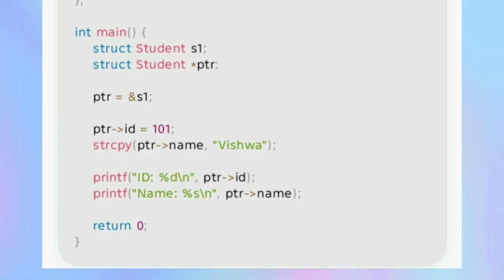Int main, struct student s1, struct student asterisk ptr equal to ampersand of s1, ptr arrow id equal to 101, strcpy ptr name within double quotes Vishwa, printf id percentage d slash n, ptr id, printf name percentage s slash n, ptr name. I'm going to print the id and name. Return 0 because we are using int main. Close the bracket.